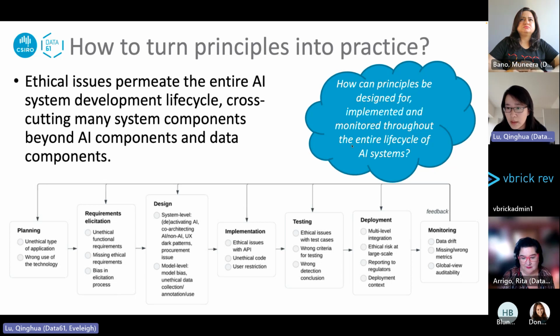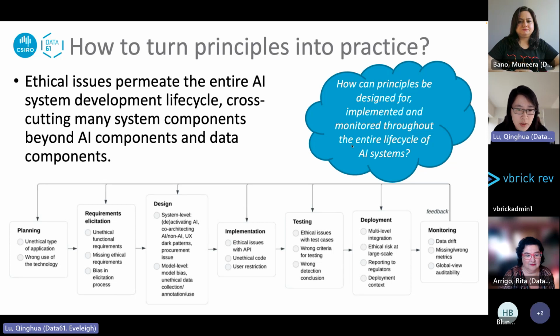If you look at the existing solutions in academia and in industry, most of the solutions are still at the algorithm level, talking about data privacy or algorithm fairness. But ethical issues can happen at any step of the AI system development lifecycle, and can be cross-cutting across different components, not just AI model components and data components.